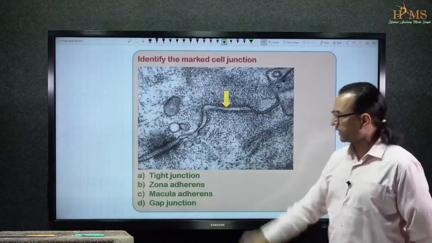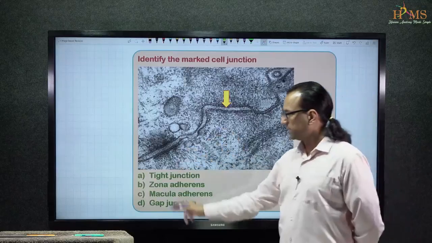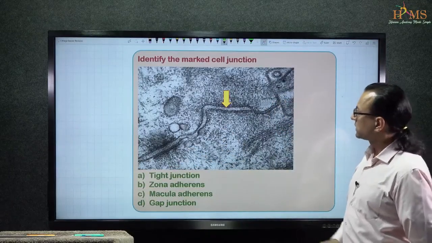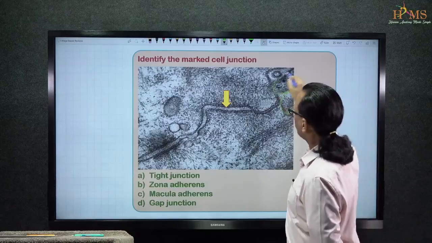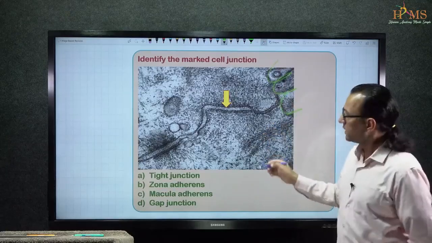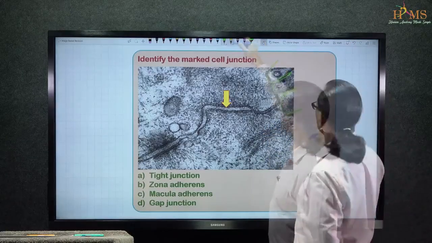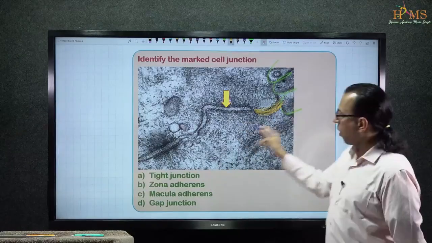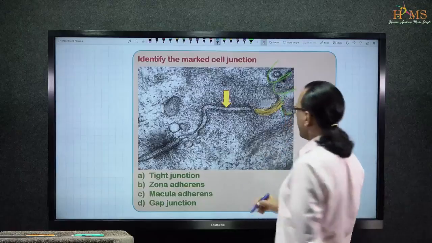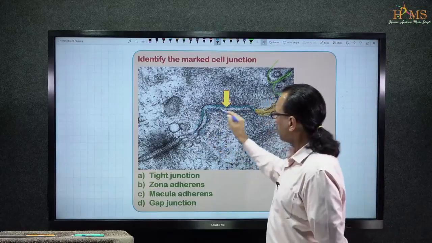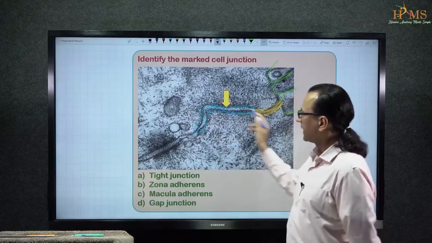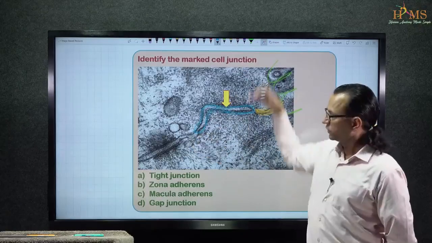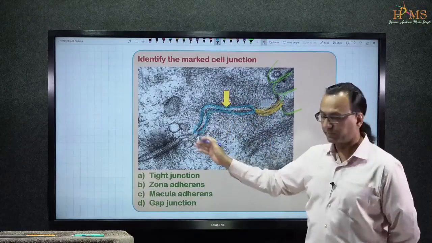And we got one more question here asking for this marker: is it the tight junction, zona occludens, or macula adherens? You will find that this is the surface area towards which we will have microvilli. If it comes to this area, that is the tight junction, zona occludens. If it comes to this area, then it is the zona adherens, where you have 20 nanometers of intercellular gap between the two cells.